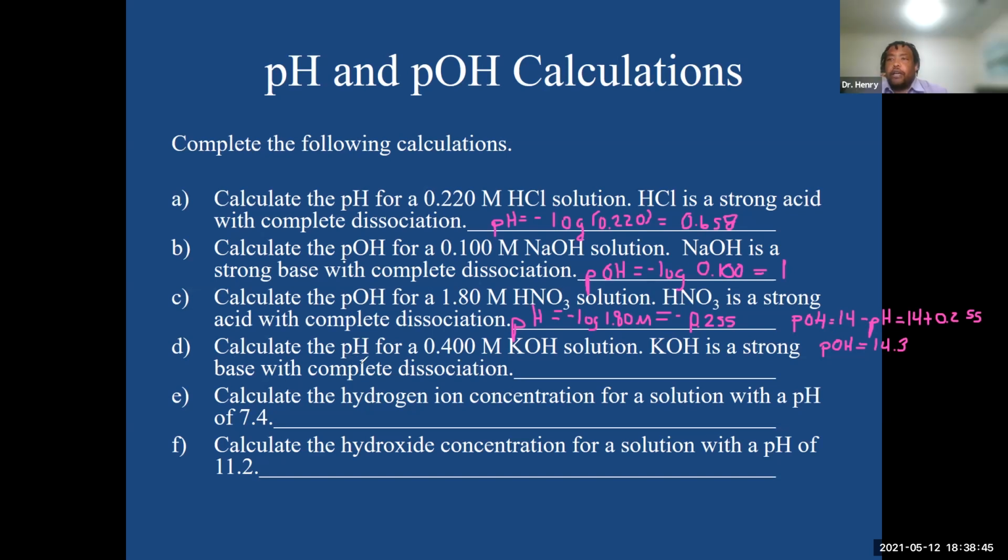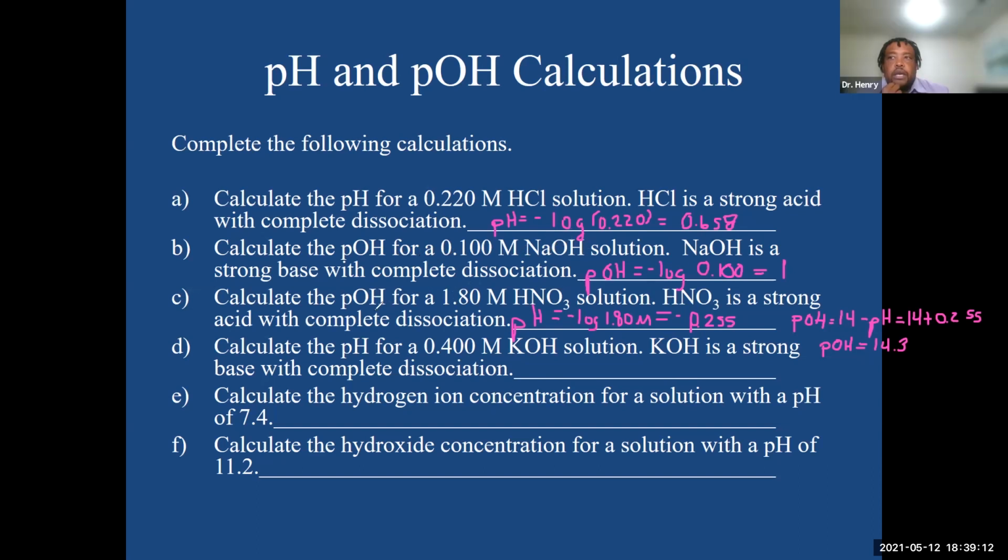Wait, I had a question. Why didn't we subtract from 14 on B? Because here we're able to calculate the pOH directly, it's just the negative log of the hydroxide ion.